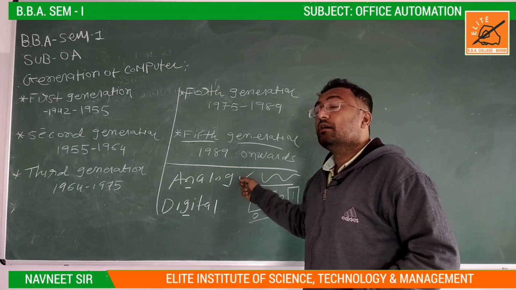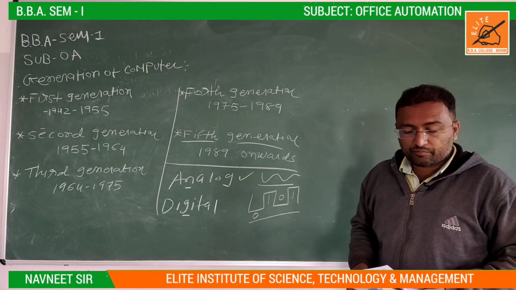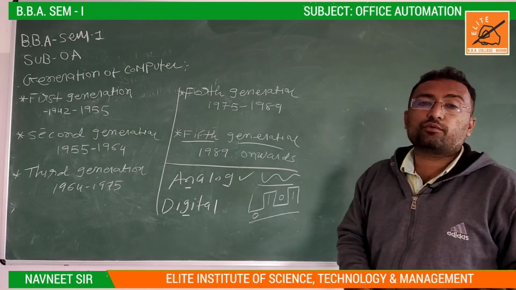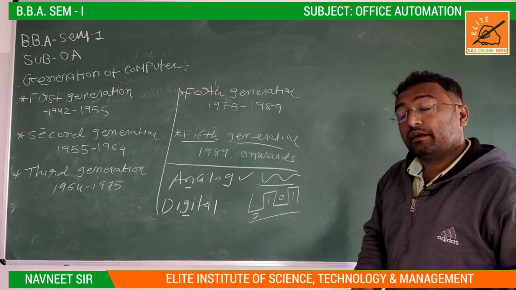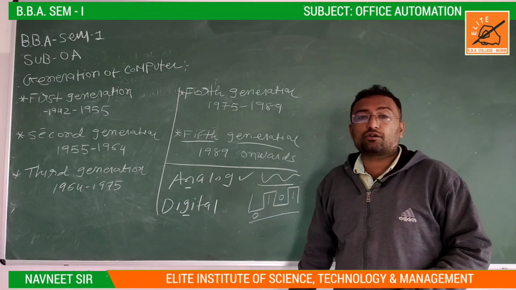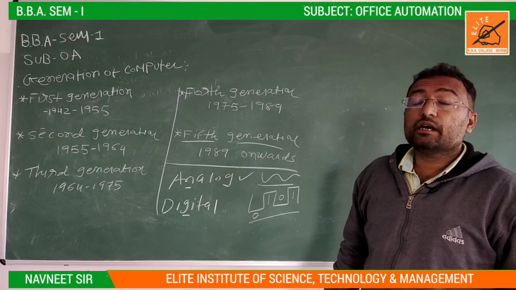Then it can store images. These are the advantages of analog computer. Now we also have to discuss the disadvantages of analog, that is less accuracy.